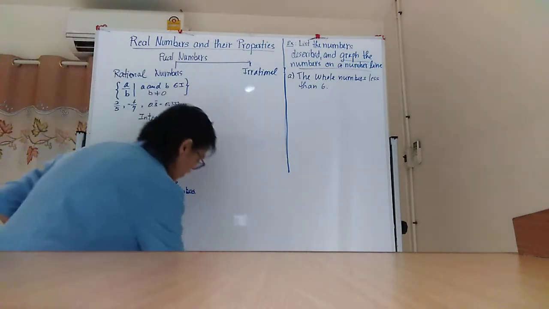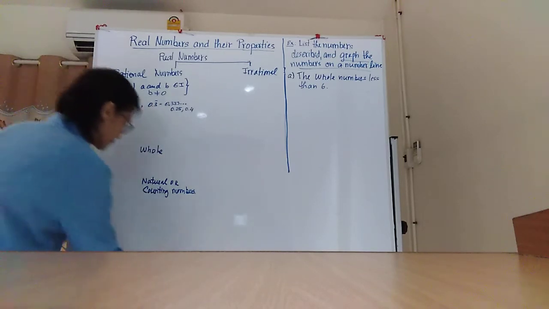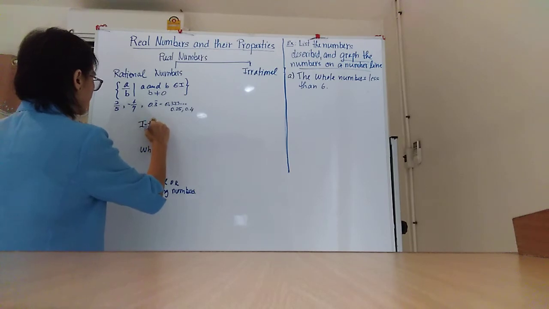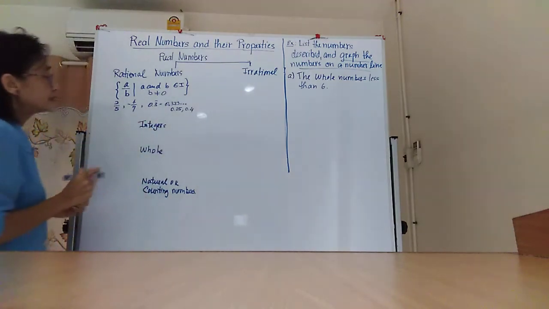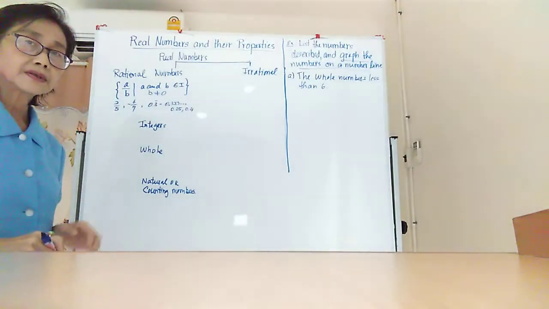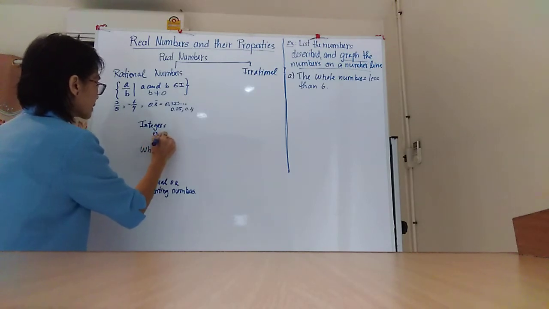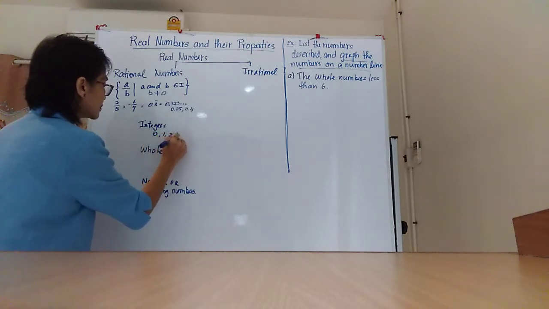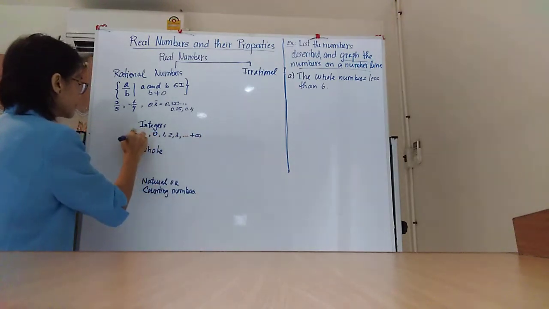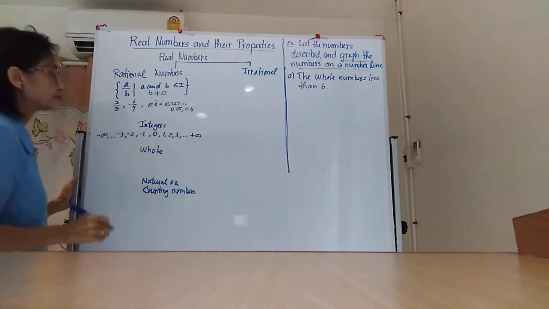Okay, so what are the integer numbers? We come up here and write down here. Integer numbers, there are three kinds of integer numbers. First, 0, then 1, 2, 3, and so on until plus infinity, or negative 1, negative 2, negative 3, and so on until negative infinity.